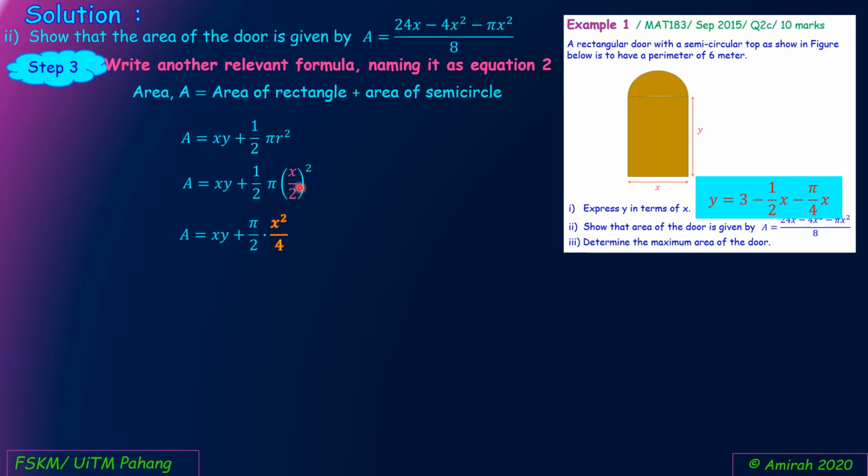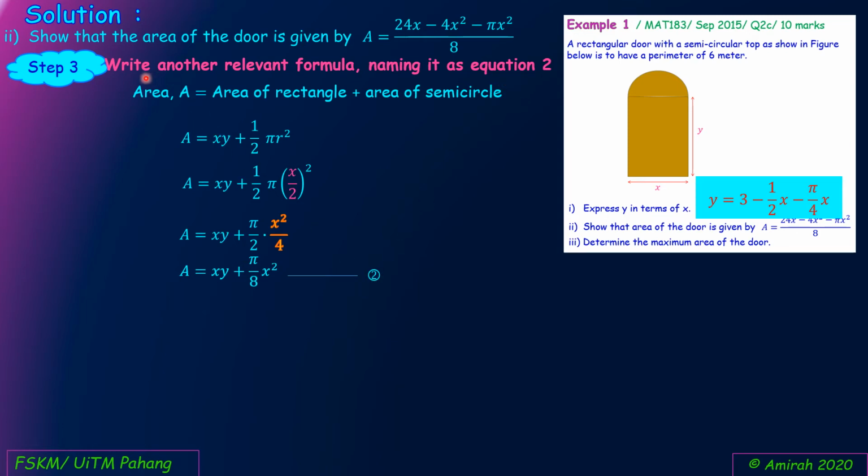Then we expand the square, so we get A equals xy plus pi over 2 times x squared over 4. We simplify, so we get A equals xy plus pi x squared over 8. Then we name it as equation 2.